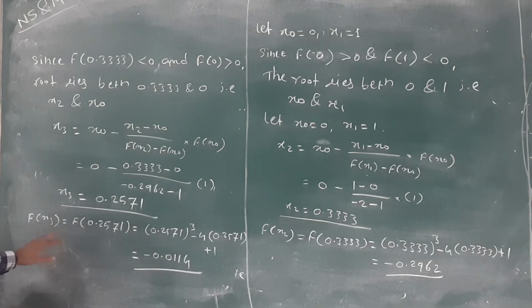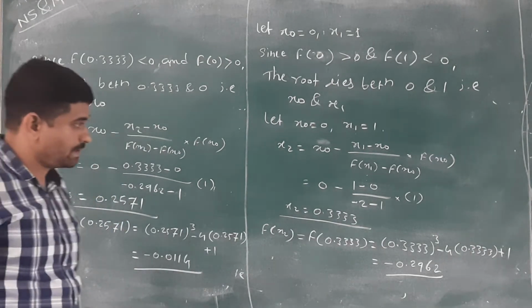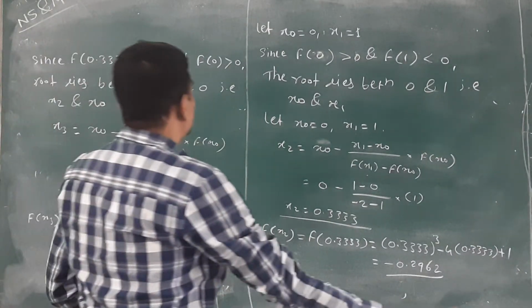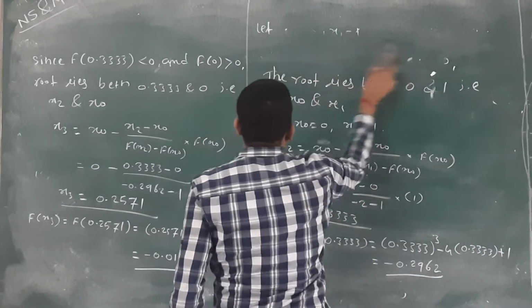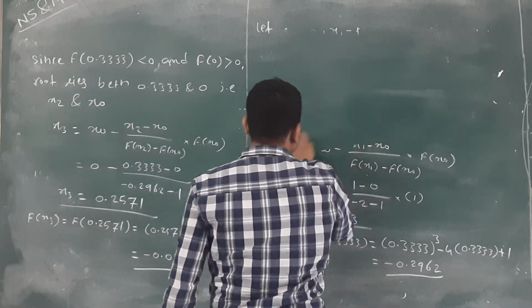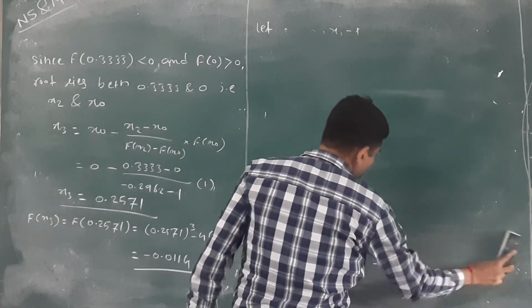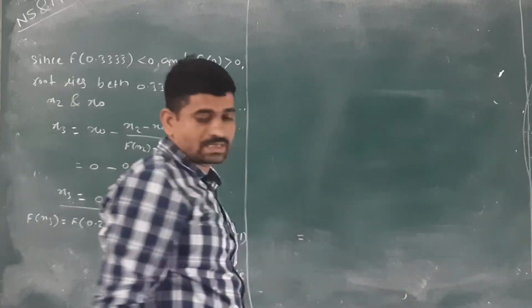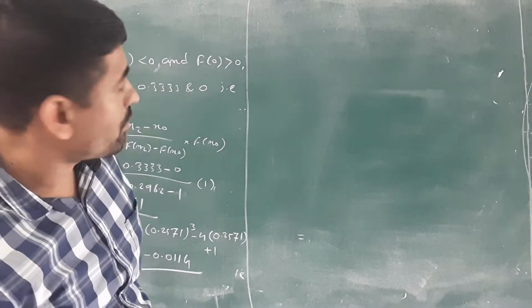Okay, once you have calculated f of x3, then again you have to write: since, you have to check which value is greater than 0 and which value is less than 0. Both values you have to check.